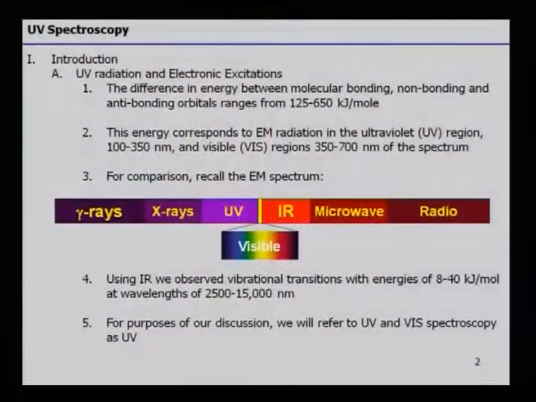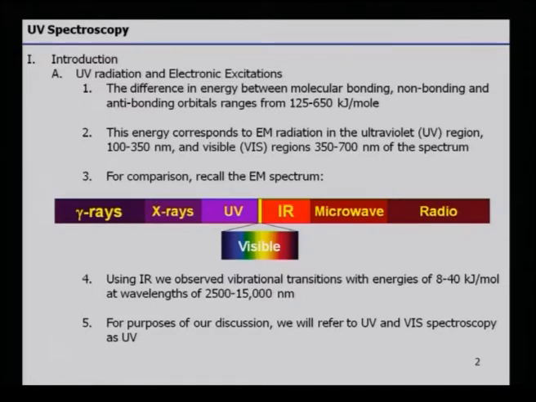Only if the radiation shone on the analyte or chromophore has an energy in this range do the molecular orbital excitations take place, otherwise they will not. This energy corresponds to electromagnetic radiation in the ultraviolet region, that is from 100 to 350 nanometers, and in the visible region, which is 350 to 700 nanometers of the spectrum.